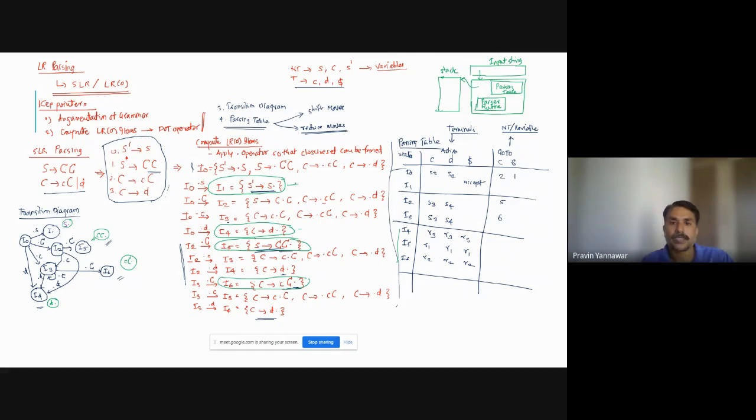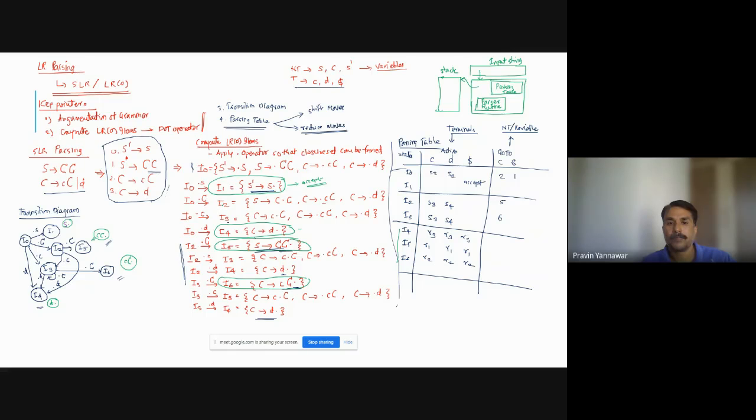And this is for accept that we have taken, right? And these are the reduce moves. We are writing R3, R1, because they are not being computed further, they are final sets. So I4, I5, and I6 are the final sets.